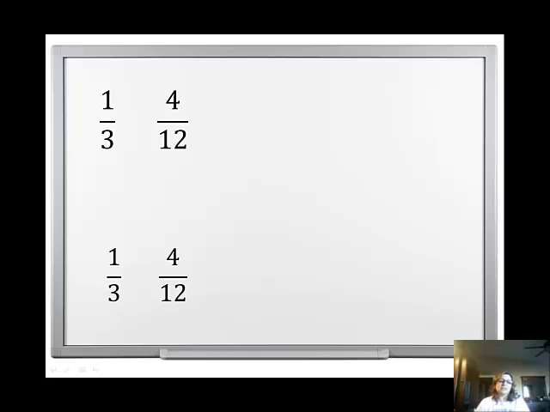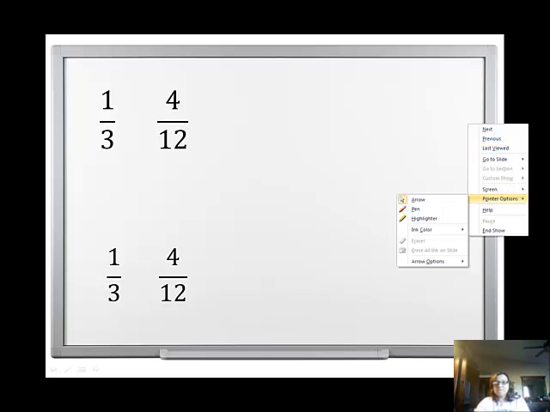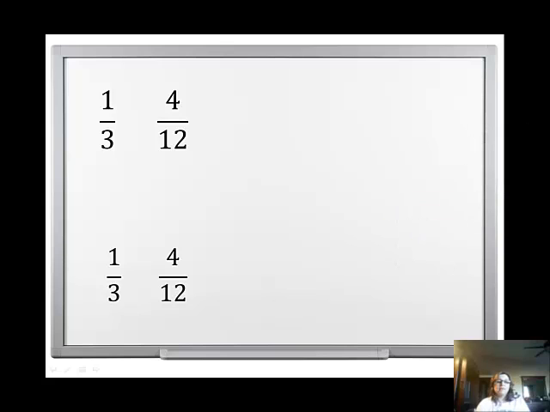There's a couple of ways to figure out if 2 ratios are equivalent. Remember, what we're looking at here are the ratio 1 to 3, and we're asking if it is equivalent to the ratio 4 to 12.